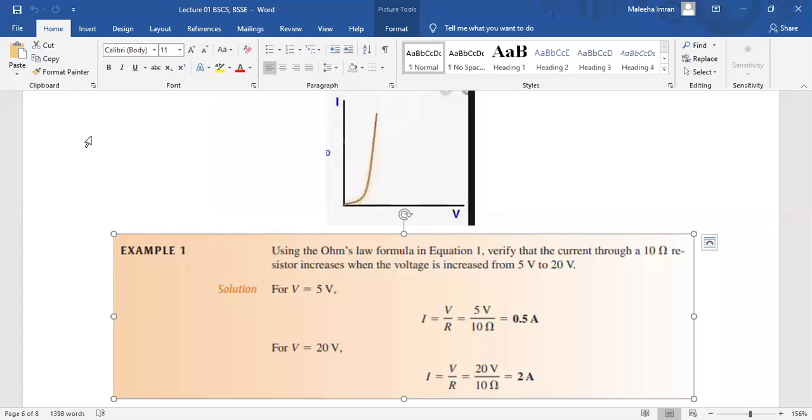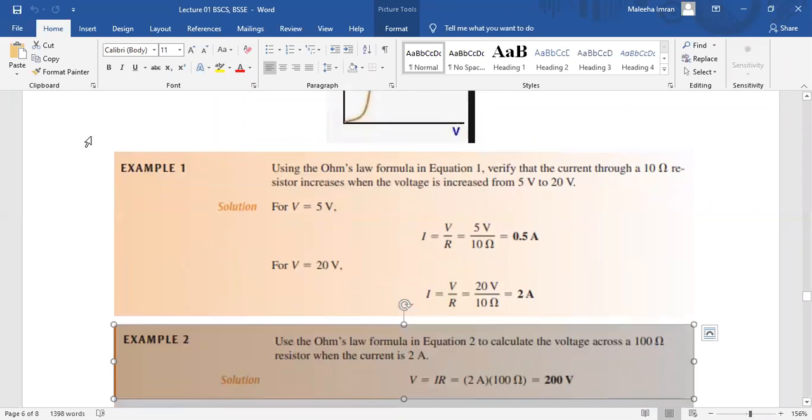It means if the applied voltage increases, the corresponding current will also increase. The current is 0.5 ampere when the applied voltage is 5 volt, and 2 ampere when the applied voltage is 20 volt.